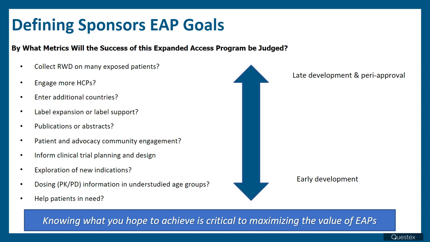To make these things valuable, it is worth thinking about in advance and being strategic about what you hope to gain, and that can be very much stage specific. I've seen small companies use this effectively to de-risk their core development program by allowing expanded access in non-core development indications, which gives you some optionality if your main development program hits a roadblock, that maybe you find something valuable in a different direction.